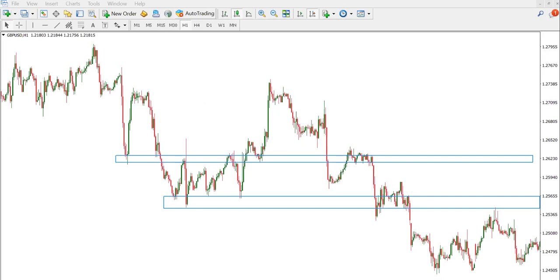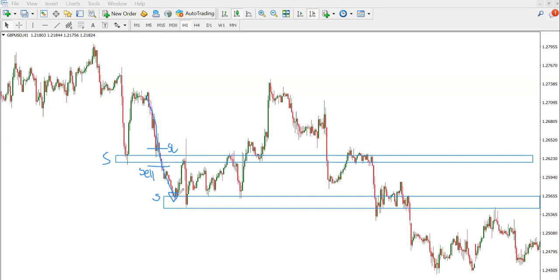So how breakout trading works is once price breaks below support, we would put in our sell order there. Stop loss above this level or zone, and we would target the next level, which would turn into our support.